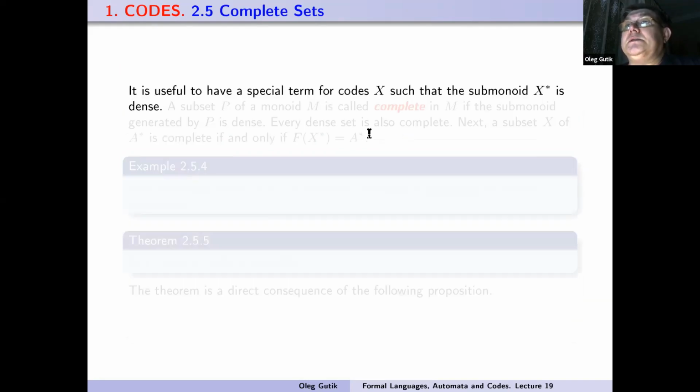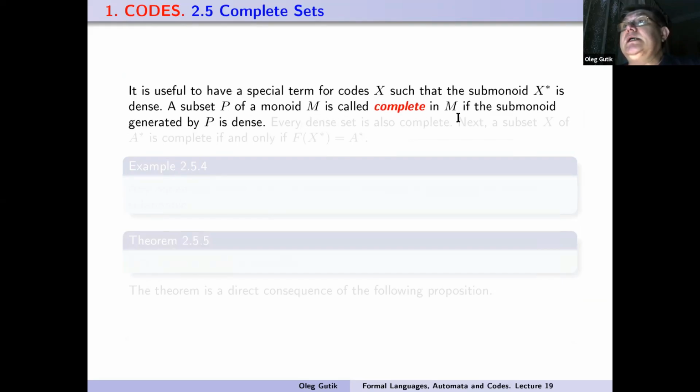It is useful to have a special term for codes X such that the submonoid X star is dense. A subset P of monoid M is called complete in M if the submonoid generated by the set P is dense. Every dense set is also complete.